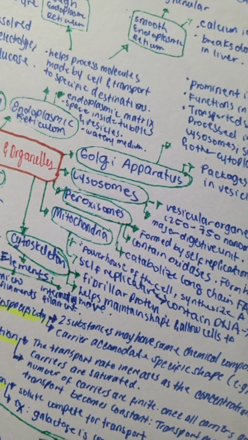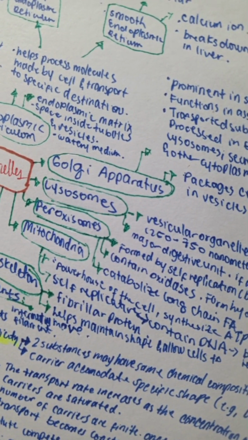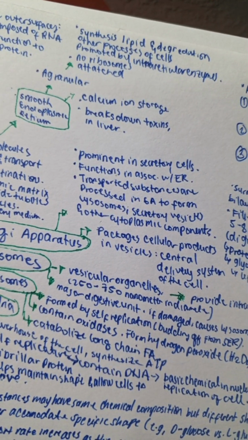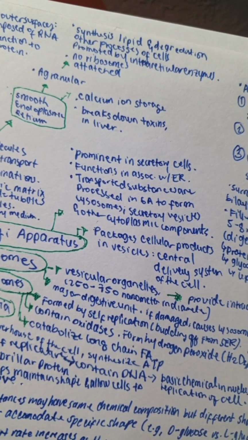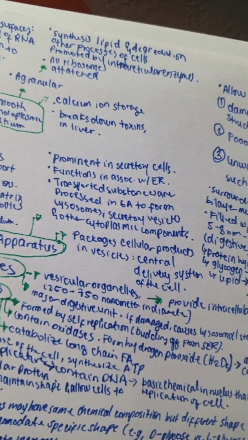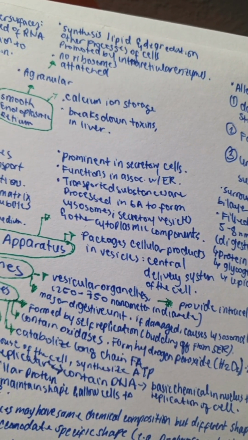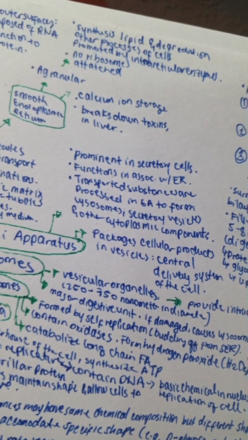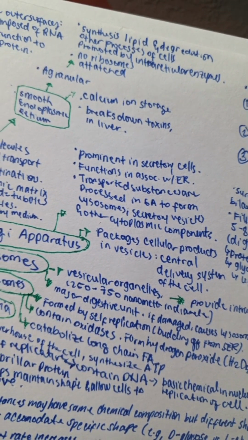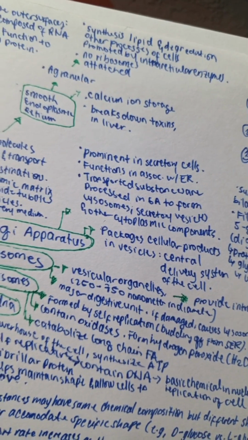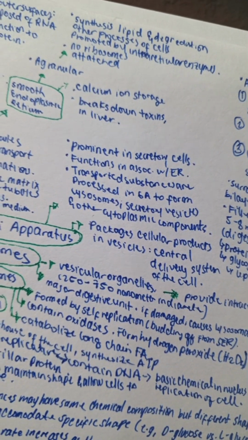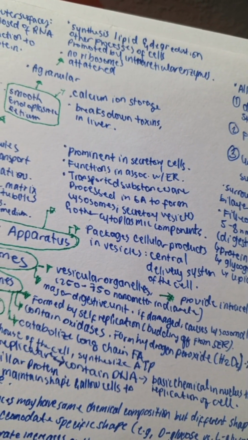Another organelle is the Golgi apparatus. It is prominent in secretory cells, and it functions in association with the endoplasmic reticulum. The transported substances are processed in this Golgi apparatus to form lysosomes, secretory vesicles, and other cytoplasmic components.